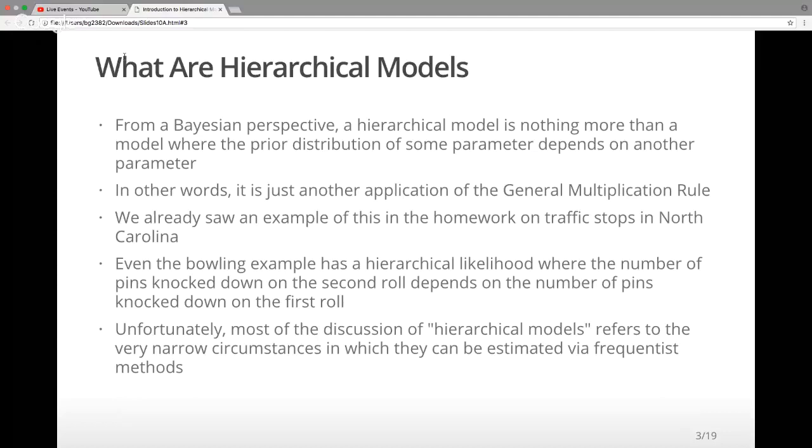Now, if you go to a general conference like APSA, you're very likely to see some person present the result of a hierarchical model that they used some frequentist estimator for, and they're very proud of themselves because they see themselves using something on the forefront of quantitative methodology, something that they can do that most other people who use frequentist methods can't do.